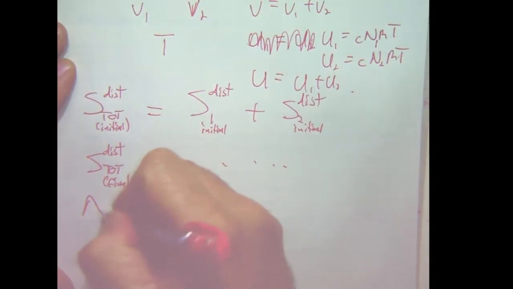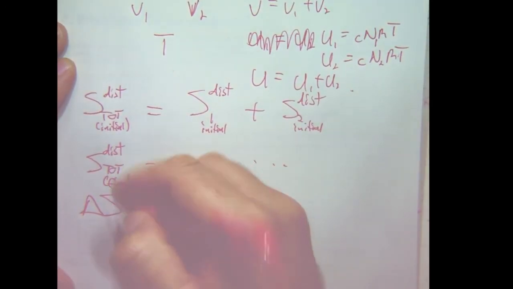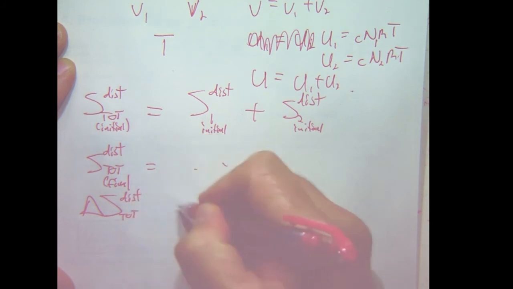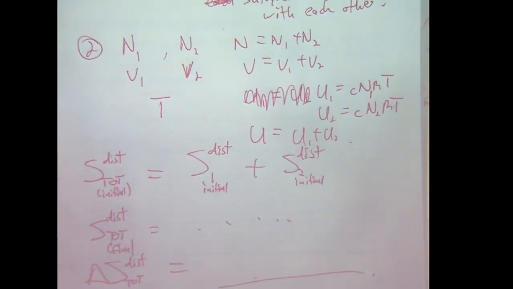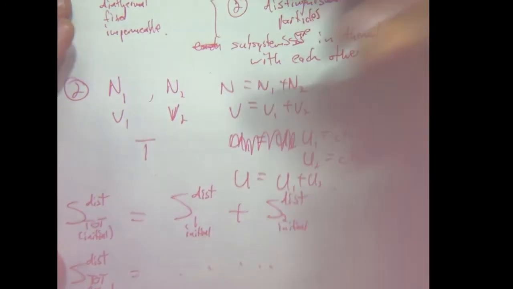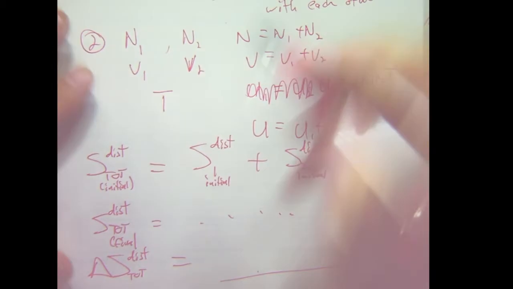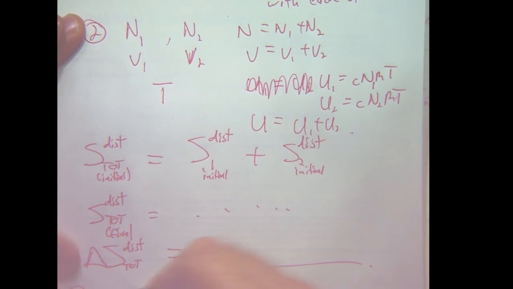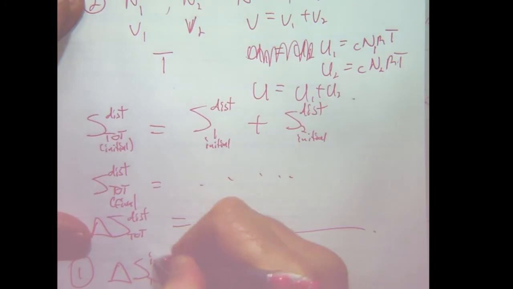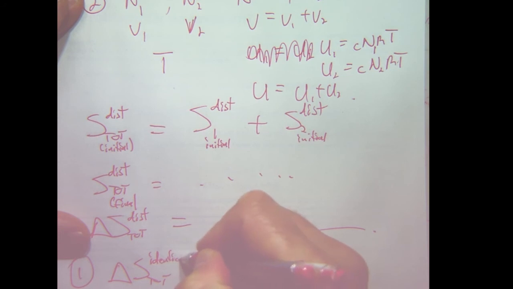And we ask, what is the change in entropy in the distinguishable case? And then we do exactly the same thing. We want delta S total for the identical particle case.